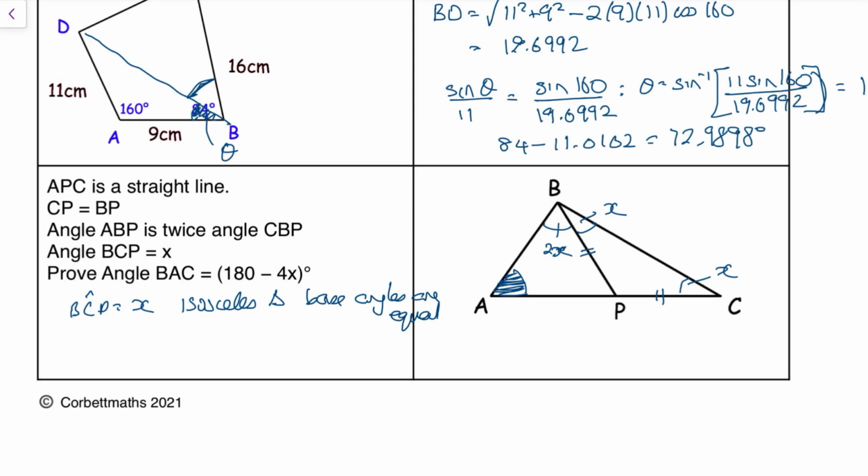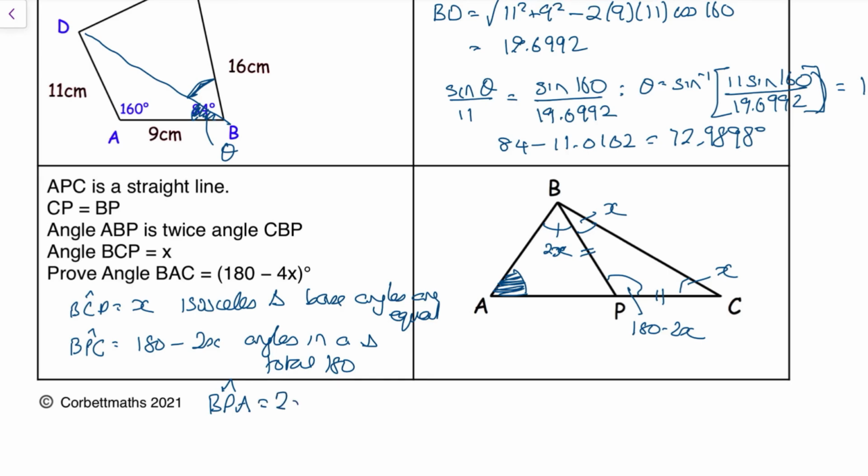Then I'm going to note that BPC, so BPC is equal to 180 minus 2x, because angles in a triangle total 180.